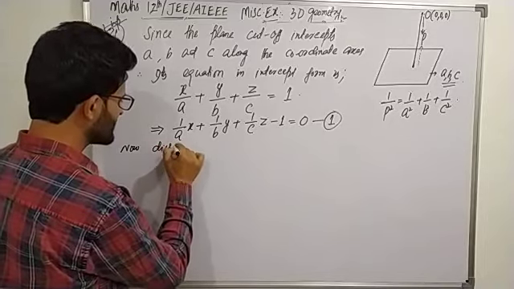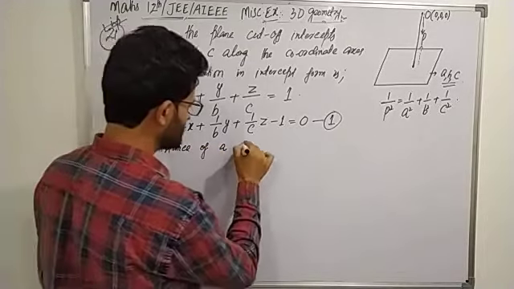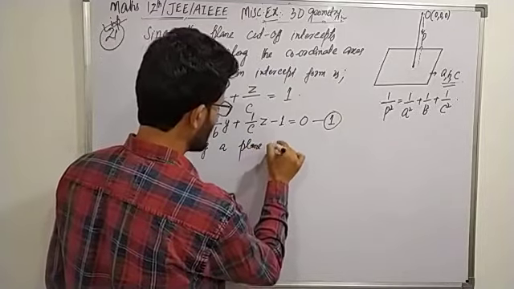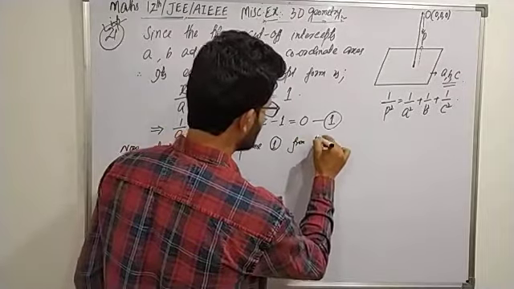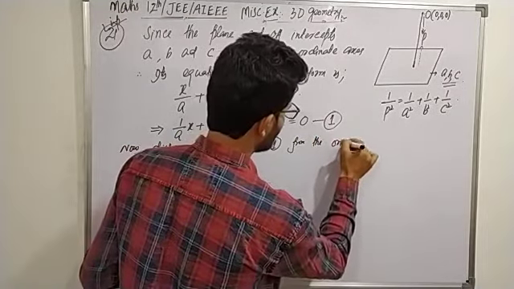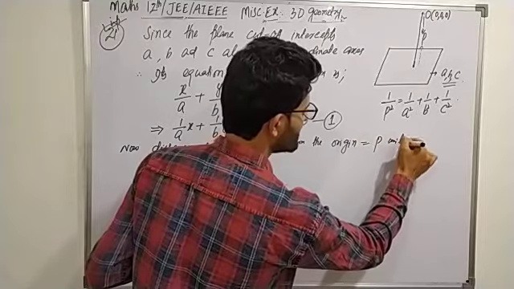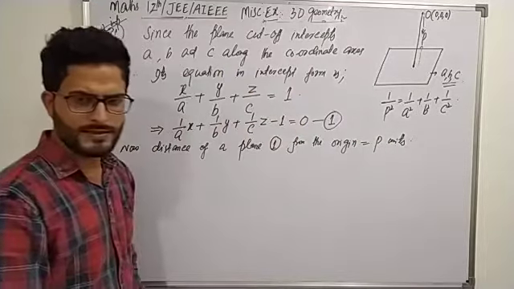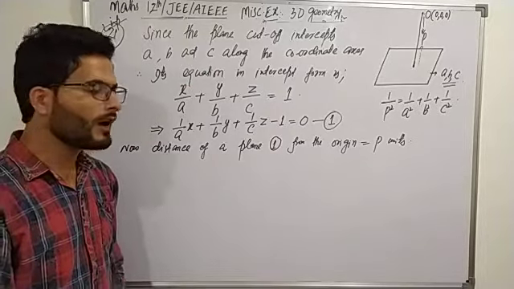Now the distance of the plane from the origin is equal to p units. This plane is at a distance of p units from the origin.